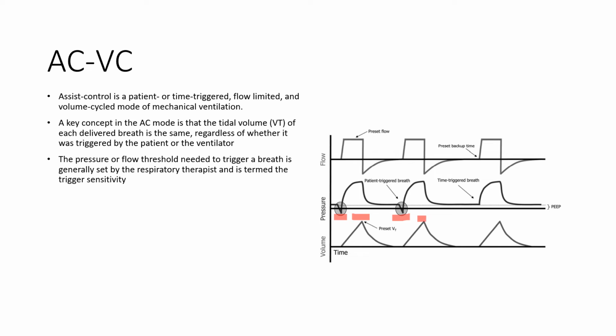Then if the patient doesn't take a breath, but the patient gets a breath automatically from the ventilator, it comes in again at the exact same tidal volume. So no matter what breath they take, either spontaneous or machine cycle breath, it'll be exactly the same tidal volume. This type of mode of ventilation works very well with patients who are pretty well sick and sedated and need full ventilatory support.